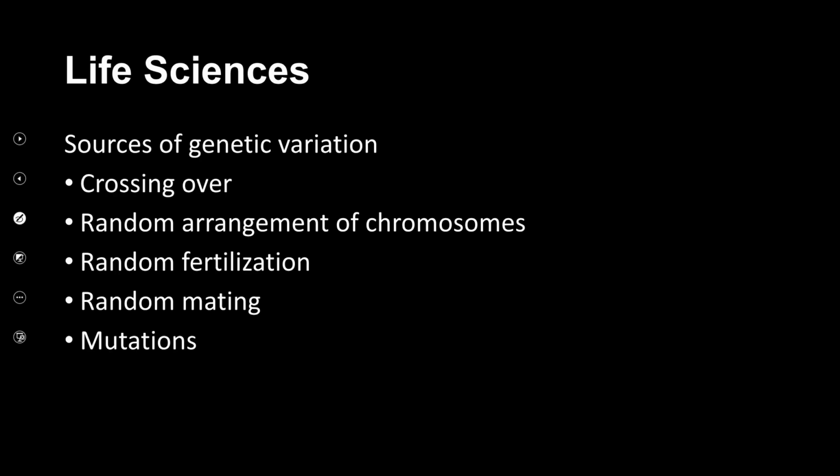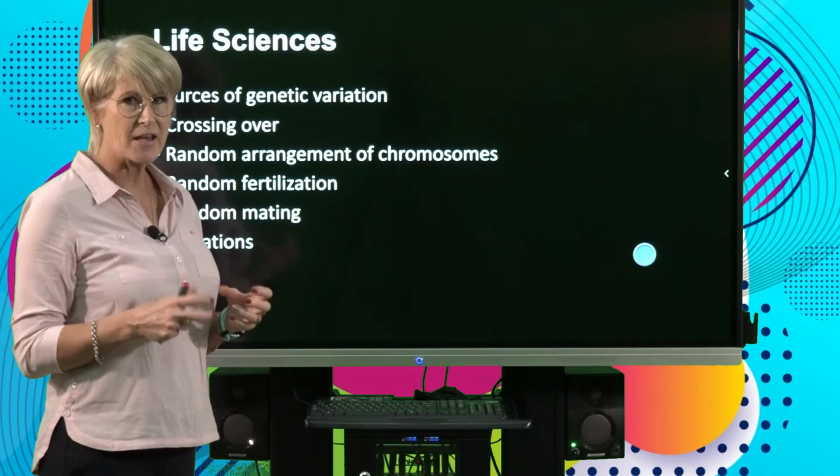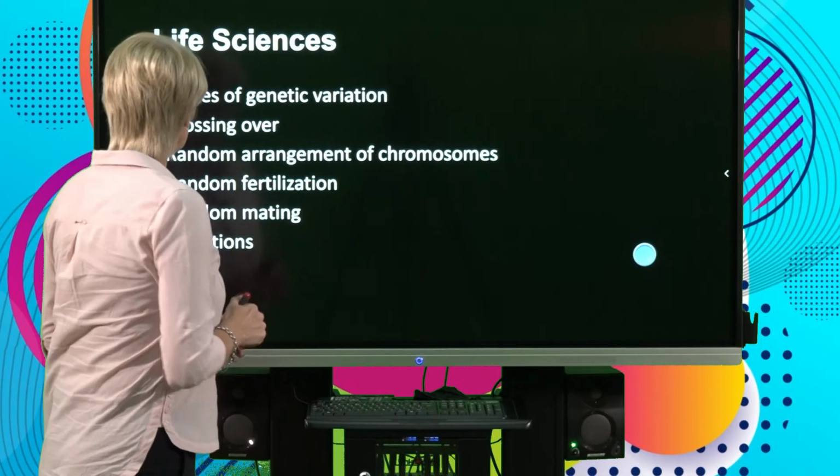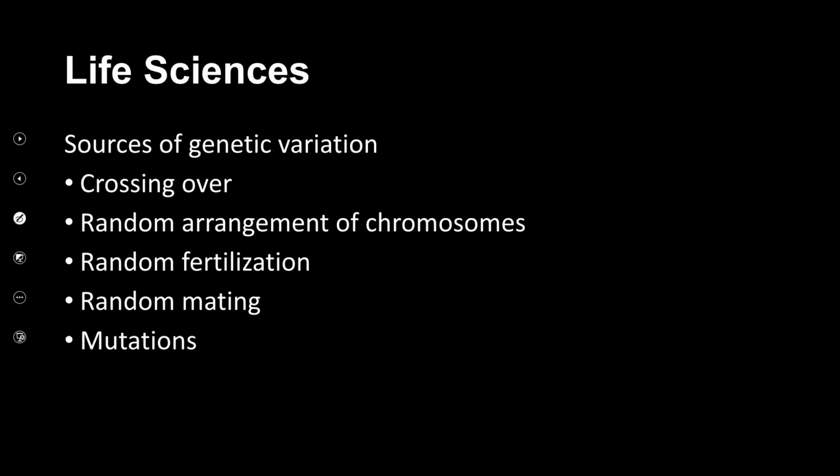Now let's see, where does genetic variation come from? All of these sources of variation you have actually studied earlier in the year. The first one is crossing over, which takes place during prophase 1, and only during prophase 1.